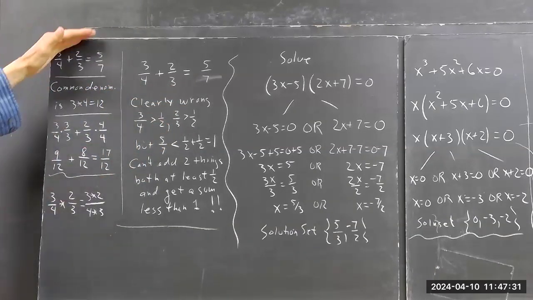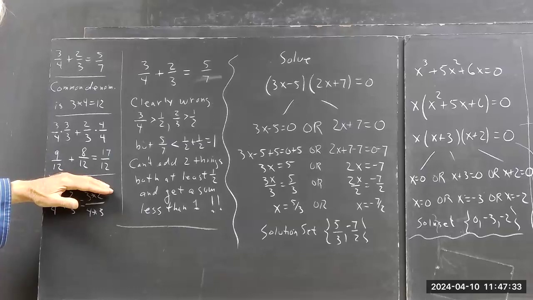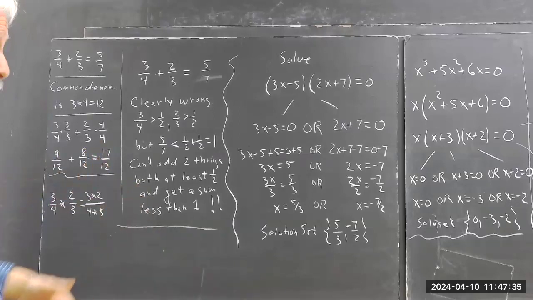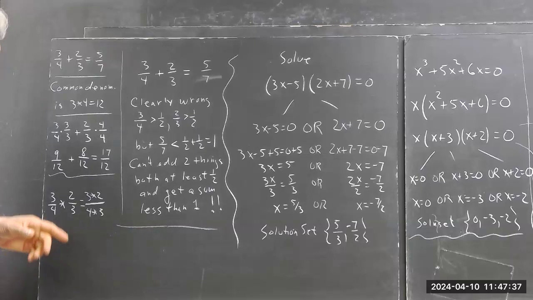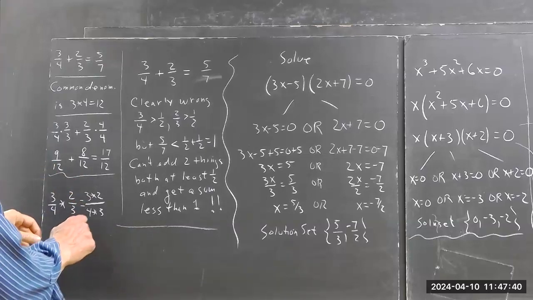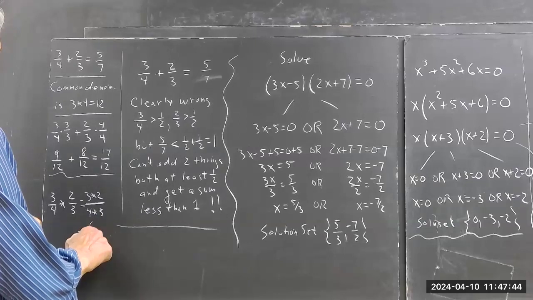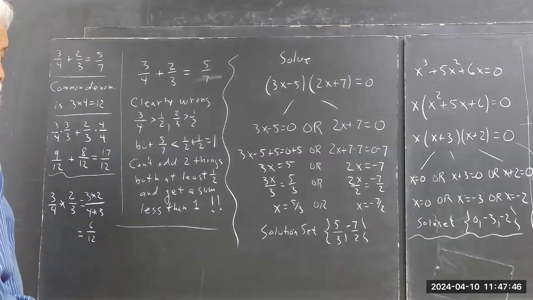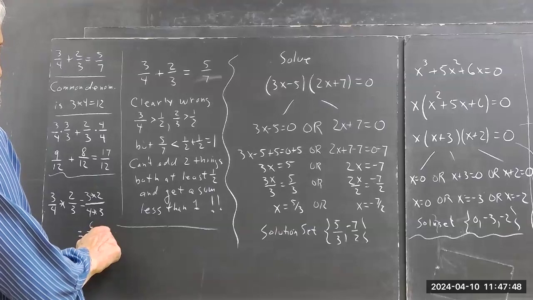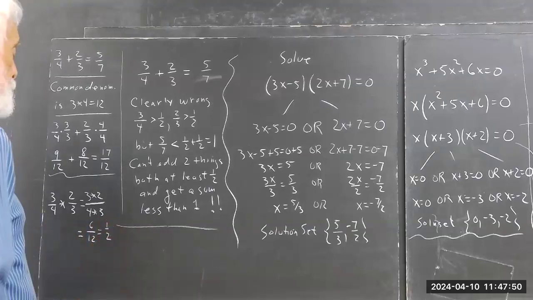Think of the logic of why we add the way we did. Think in terms of slicing up a pizza. Okay, so we get this, and that equals 6 over 12. And of course, 6 over 12 is 1/2.